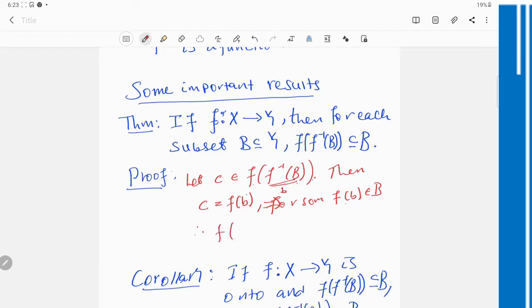Therefore, f composed f inverse of B is contained in B.